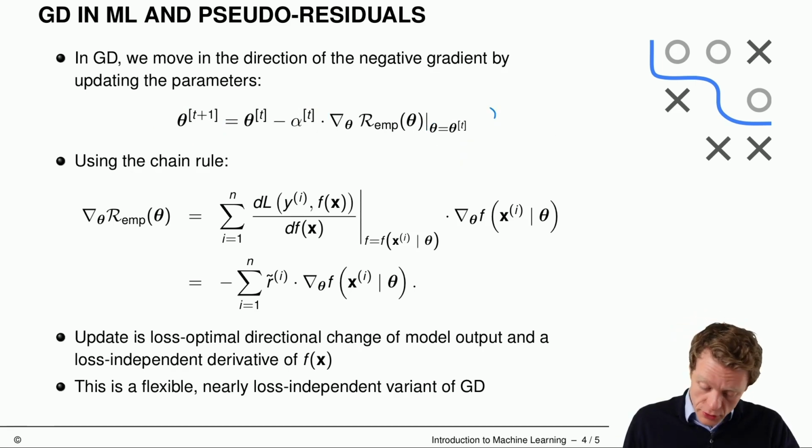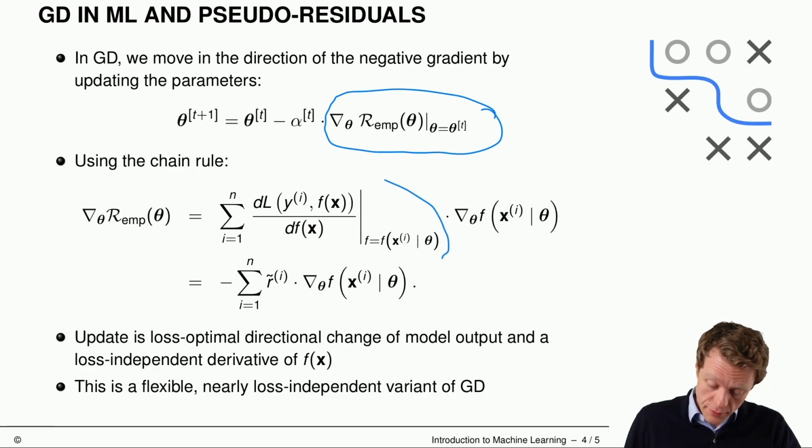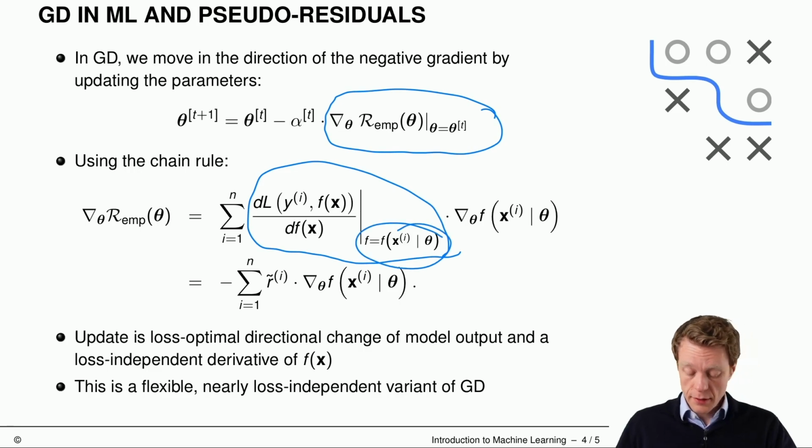But if we now look at this nabla of the empirical risk with the chain rule, then the empirical risk is the sum of the loss functions, right? So the derivative of this is the sum of, and then comes the chain rule. First, we derive the loss function with respect to the model, so dl after df. Well, we can plug in the current model at that data point x.